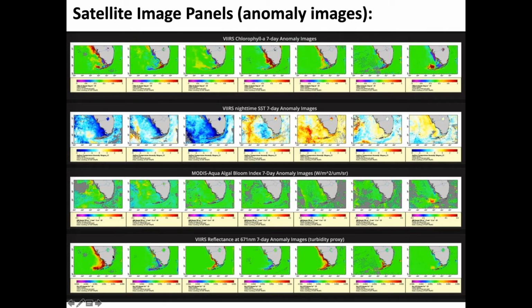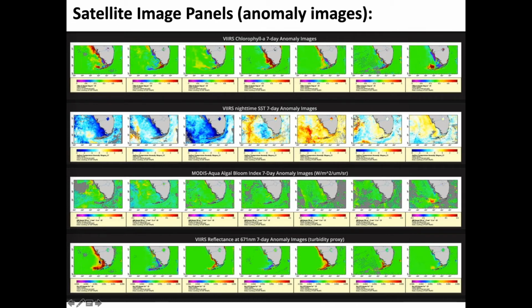But then every now and then, most of the time in these cases, the high signals in this product are driven by wind-driven resuspension. And so you'll see these, they're often very short-lived. Like you can see here, there's quite a bit close to the coast.